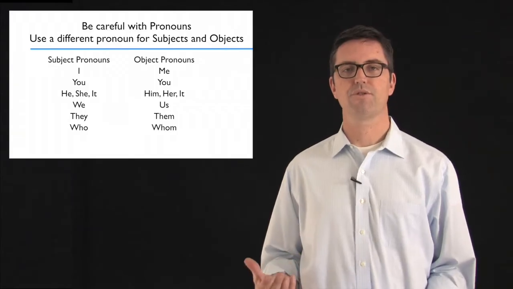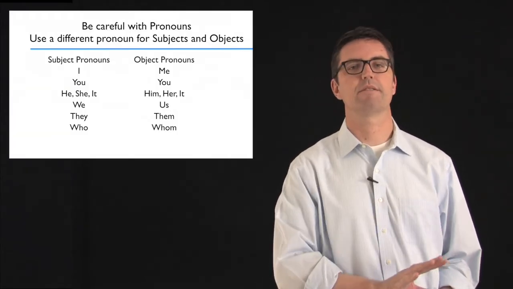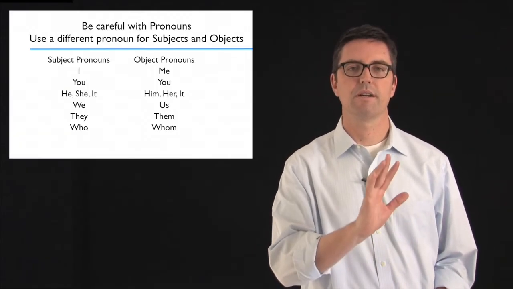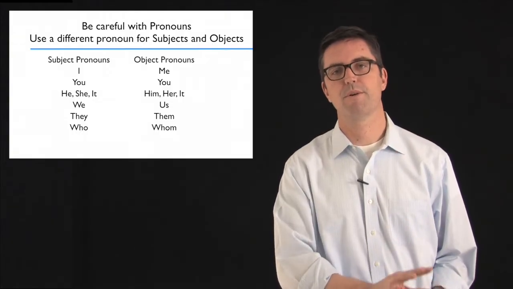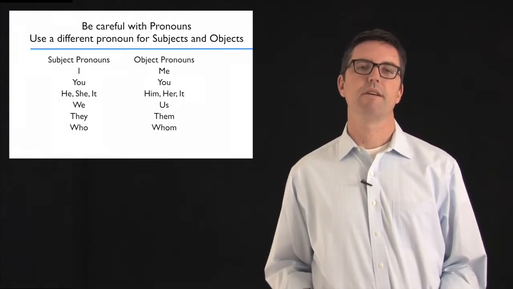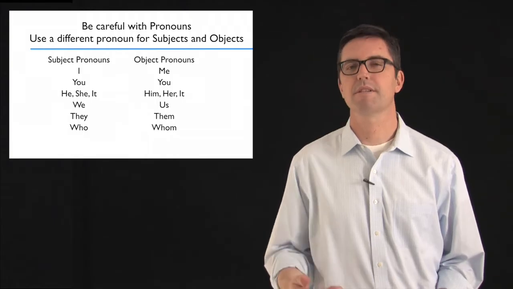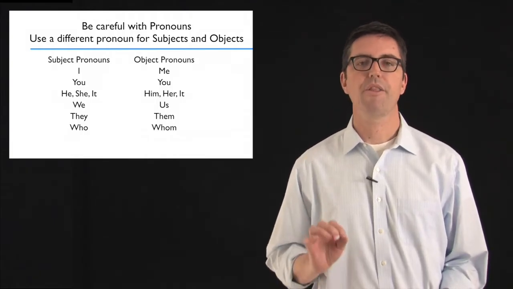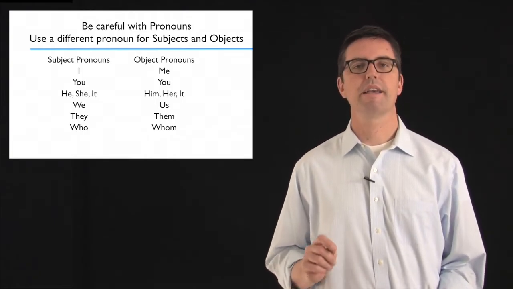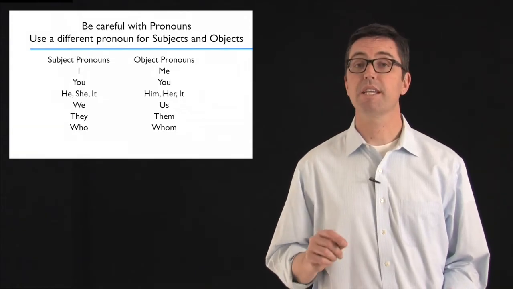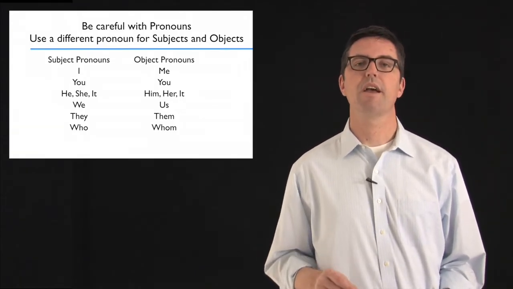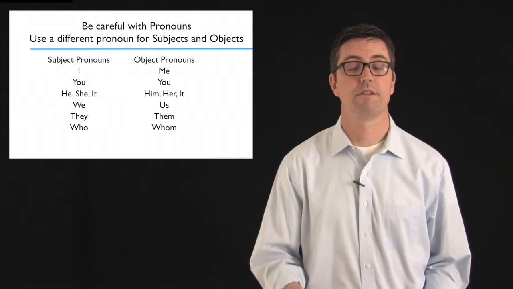When the subject is a pronoun, be careful. There are, in English, separate pronouns that we use for subjects and separate pronouns that we use for objects when we're talking about people. The subject pronouns: I, you, he, she, it, we, they, who.